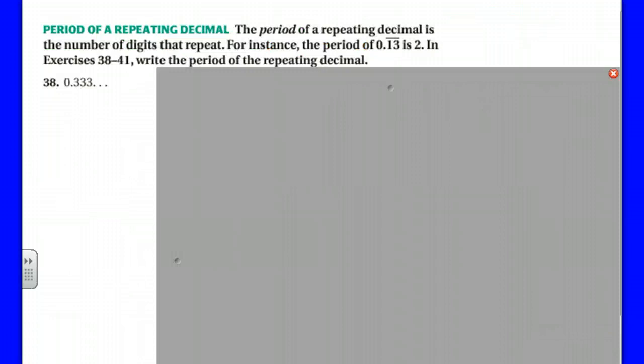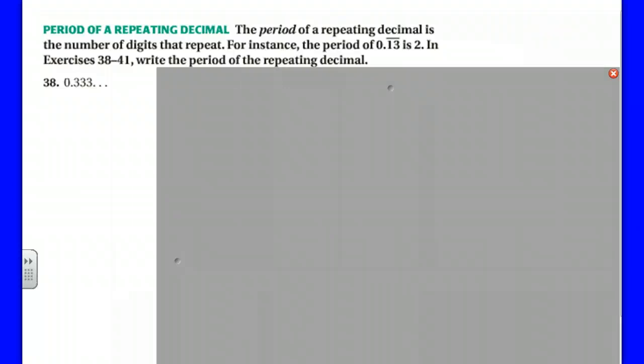Okay, this is another little interesting thing about repeating decimals. The period of a repeating decimal is the number of digits that is repeating. So if you're asked to find the period of 0.13 repeating, that's saying 0.13131313 eternally, you know? That's what it's saying.